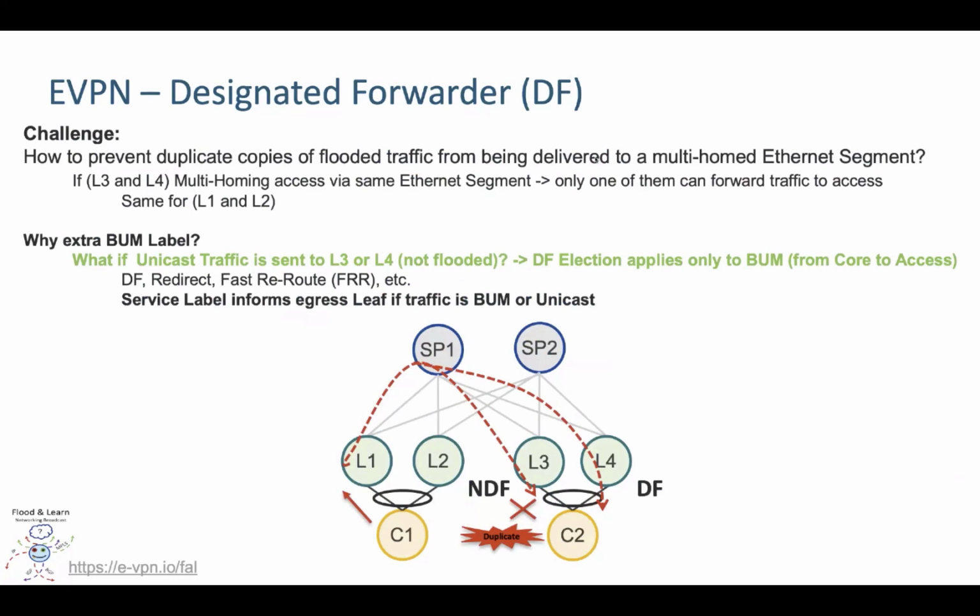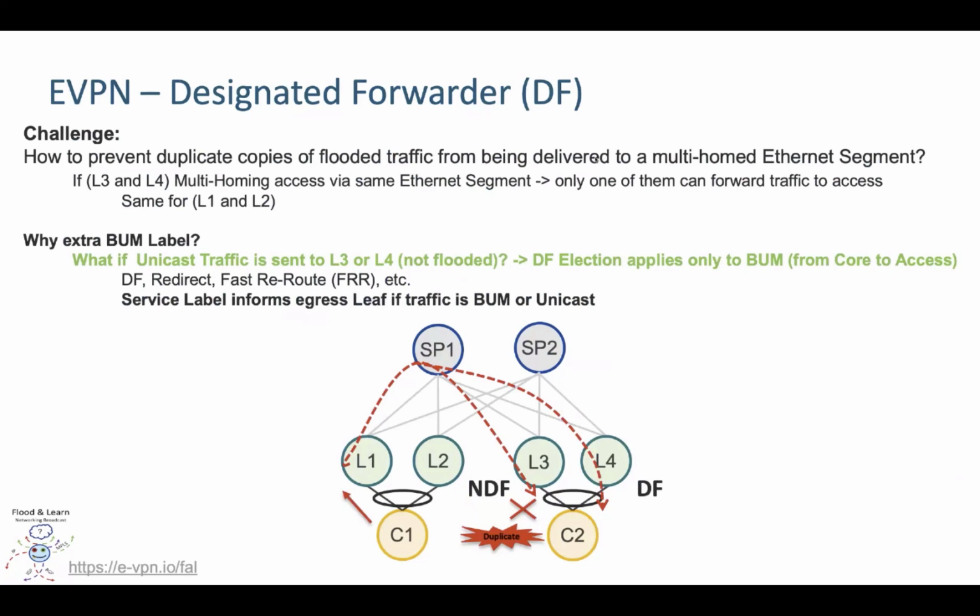Now the question is, when they agree, there is an algorithm for how they compute whether L1, L2 or L3 and L4 are the DF for this particular instance, for this particular Ethernet segment, and for this particular EVI.